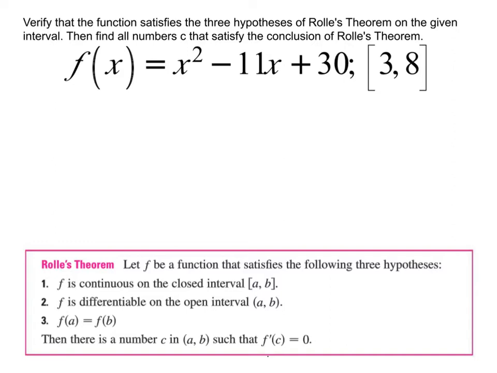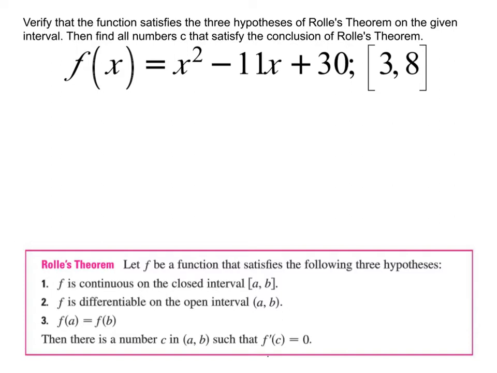Now, since it's continuous, that makes answering the second part about if it's differentiable a little bit easier as well. Because for something to not be differentiable, it could have a hole or a vertical tangent or an asymptote, some sort of a discontinuity basically, or it could have a corner.